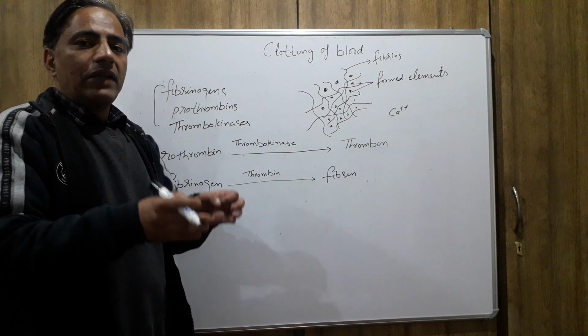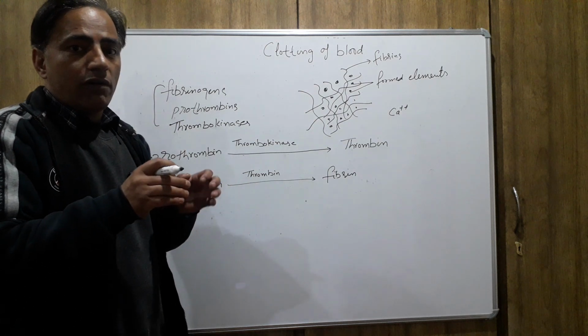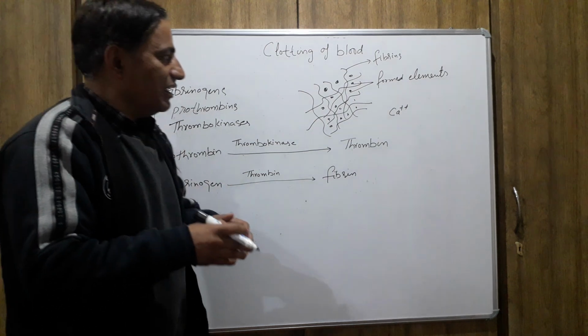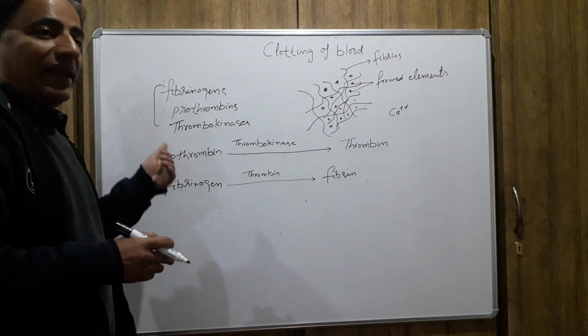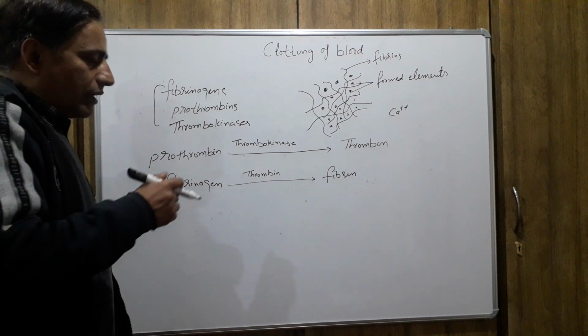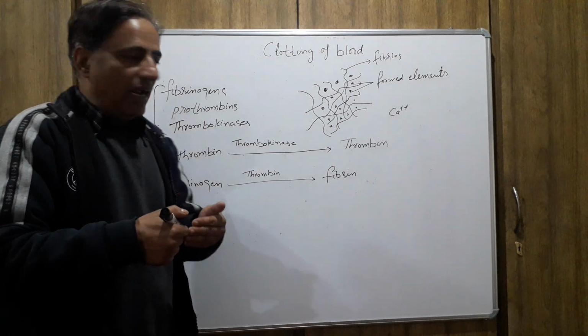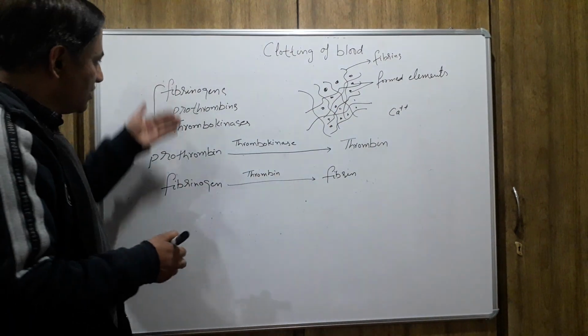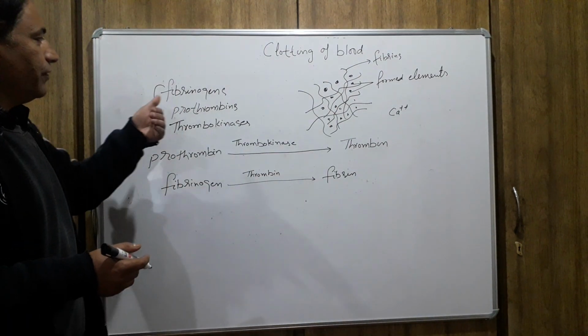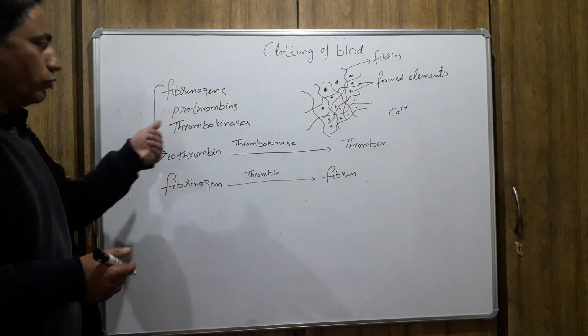At the time of injury or trauma, these inactive substances get activated and then take part in the coagulation of the blood. Some of these substances are fibrinogens, prothrombins, and thrombokinases.